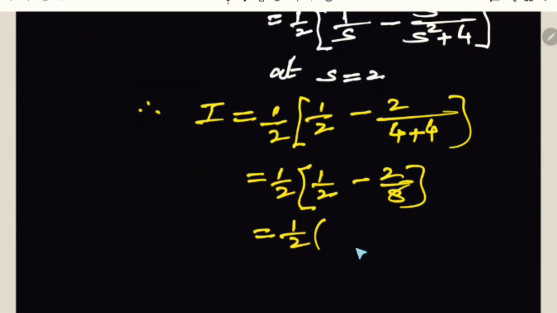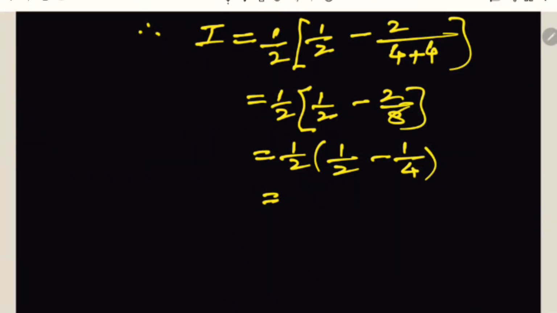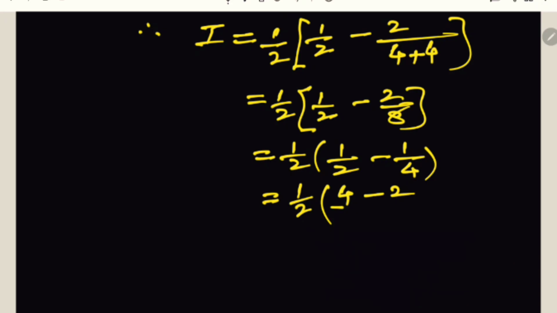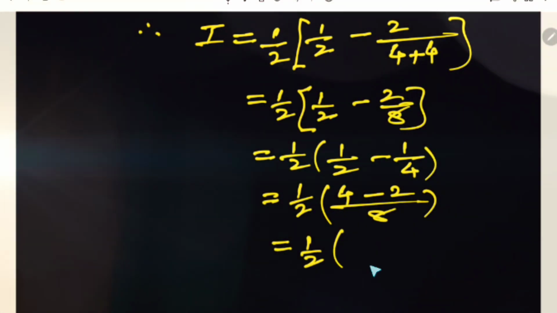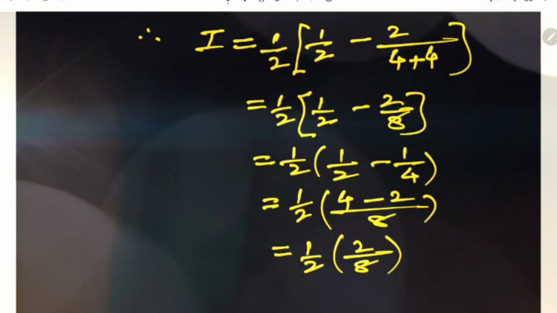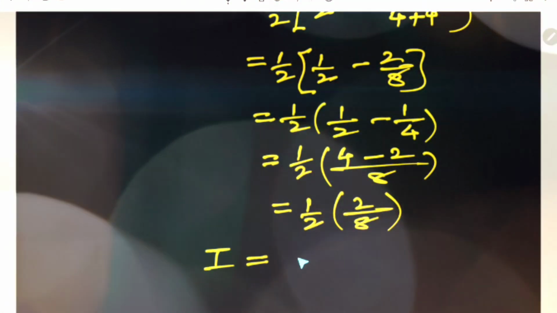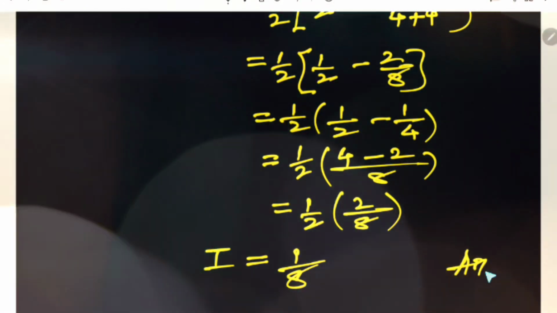Therefore, 1 by 2 minus 1 by 4, finding LCM, we get 1 by 2 into 4 minus 2 by 8, and that is nothing but 2 by 8, means 1 by 4. Therefore, the value is 1 by 8 as the required answer, or the value of that definite integral by Laplace transform technique.